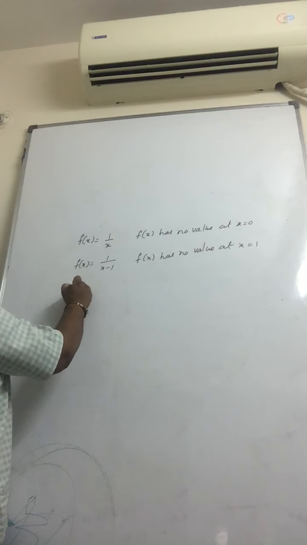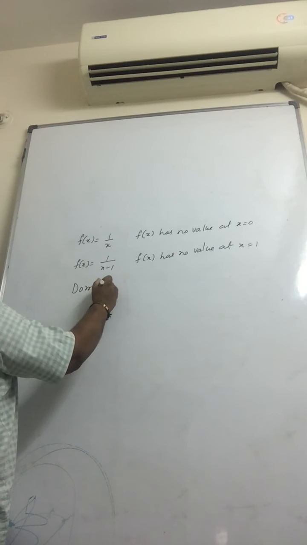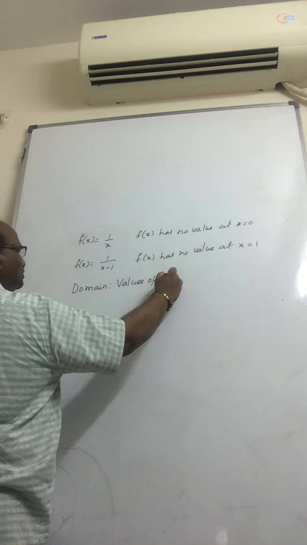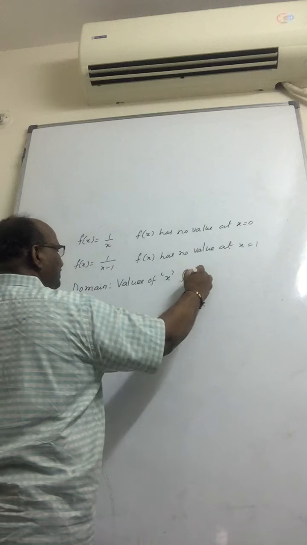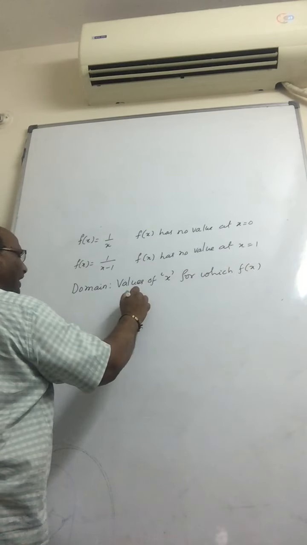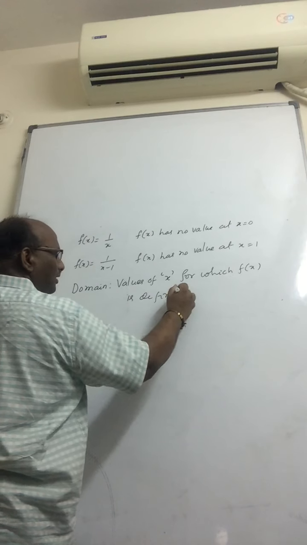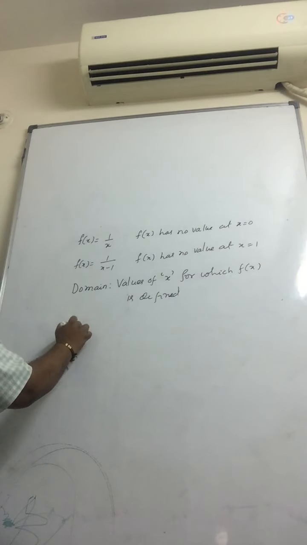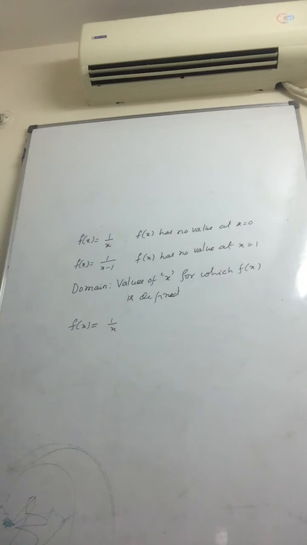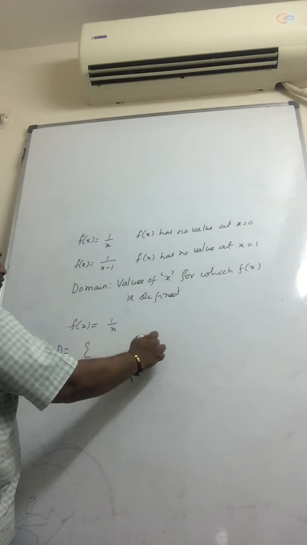So now let us come to our basic definition, domain. What is domain? Values of x for which f of x is defined. Now let us take this example, f of x as 1 by x. Once you put positive number 1, 1 by 1 has value, so that x we can take in the domain. 2, no problem.